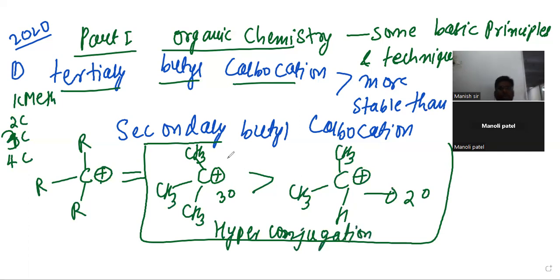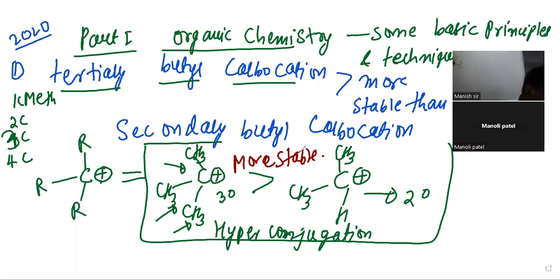Because this carbocation is lacking electrons. If it wants electrons, they will be given by this methyl group, this methyl group, this methyl group. With more methyl groups, there will be less electron deficiency on this carbocation, so that makes it more stable. Understood?